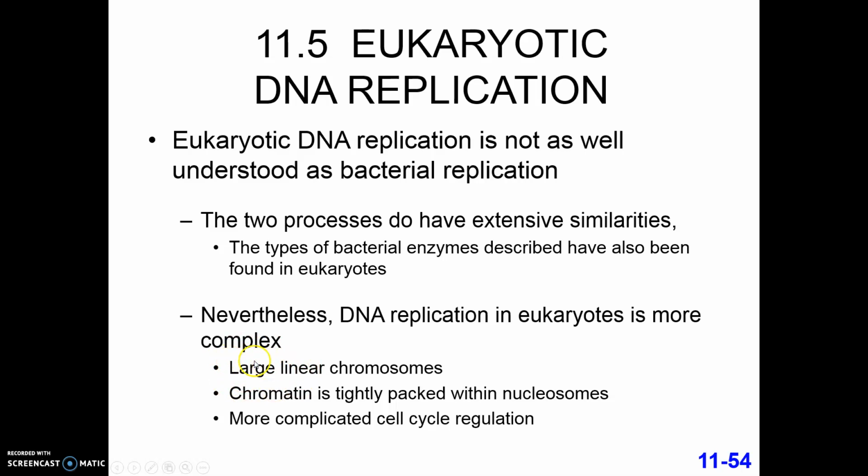They also tend to be much larger, and consequently, we need to process that DNA replication much more quickly. The DNA is all packed up around nucleosomes, so we have to have a mechanism for moving through those. And also, cell cycle regulation is just simply more complicated in eukaryotes.